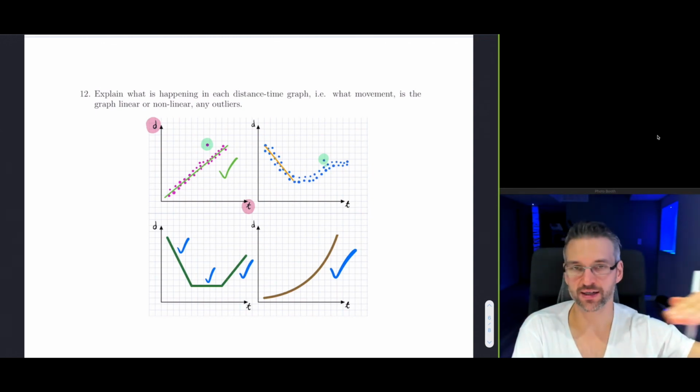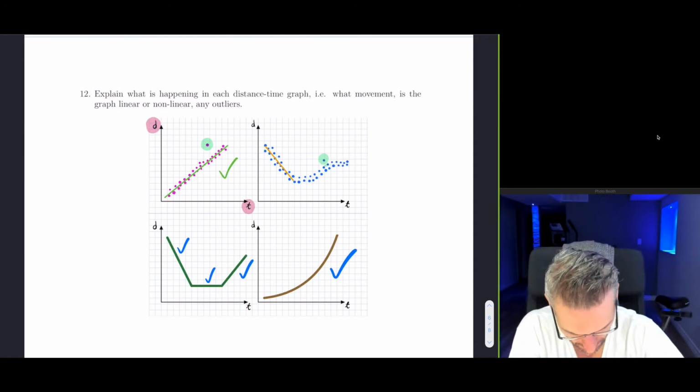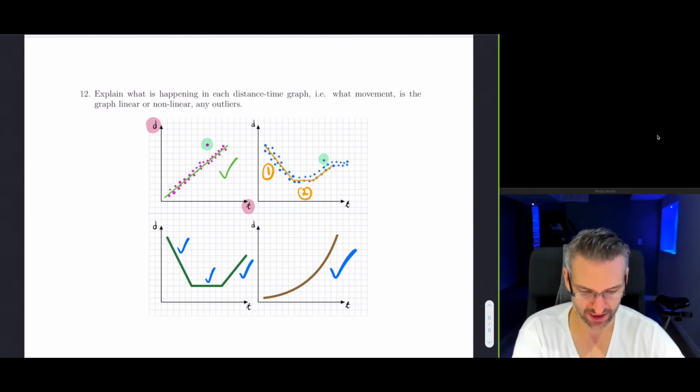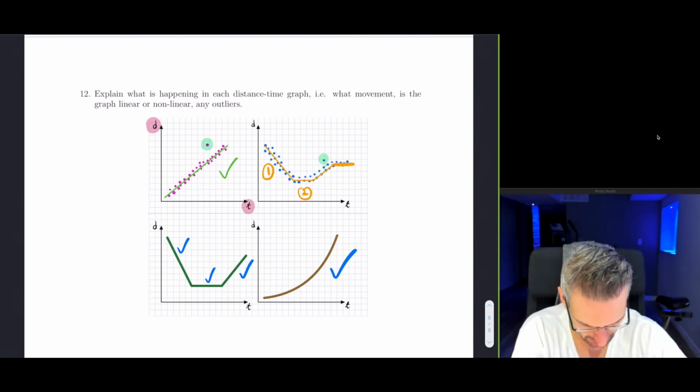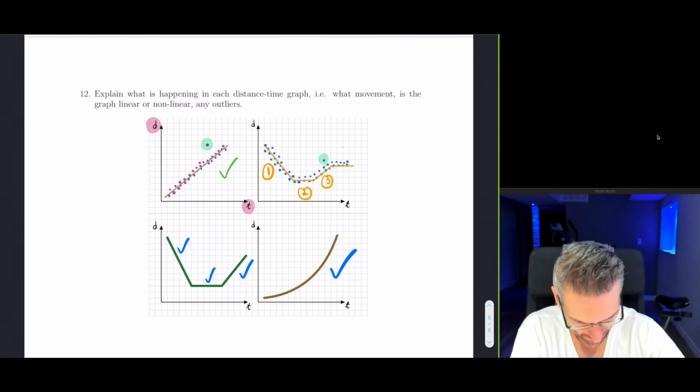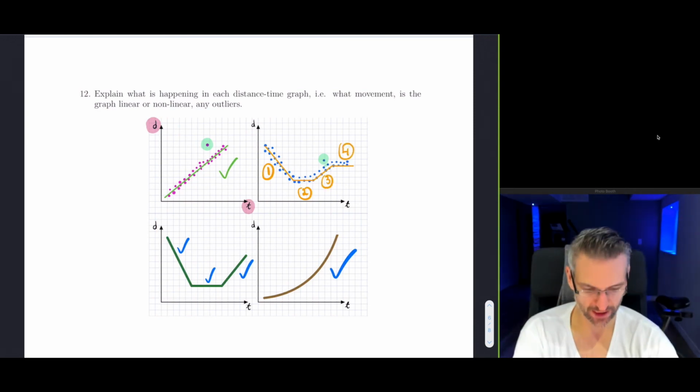Then we're stuck at that distance. So this would be 1, kind of 2. Then we pick it up again, go back and increase our distance at a steady pace, and then we're stuck again at some particular distance. So this would have been kind of 4 things that we could gauge out of this second graph in terms of movement.